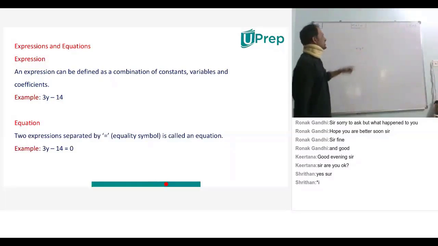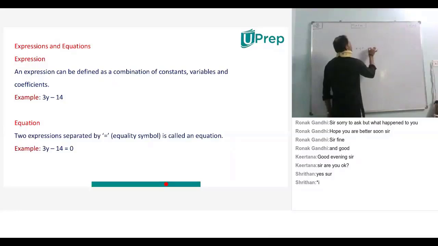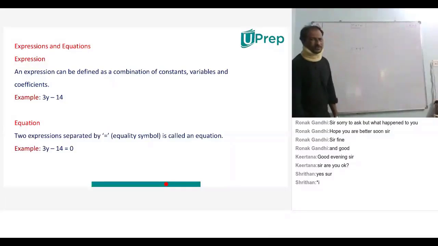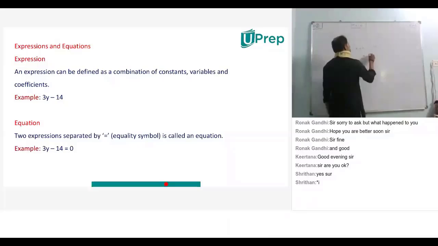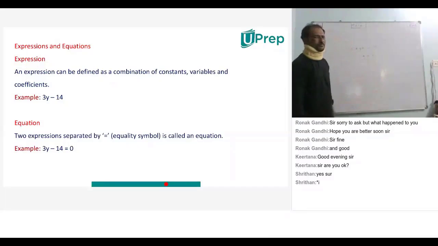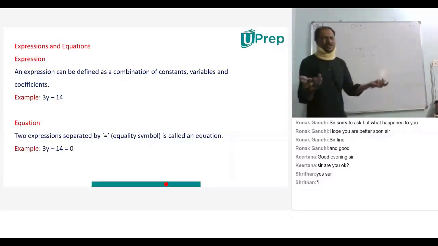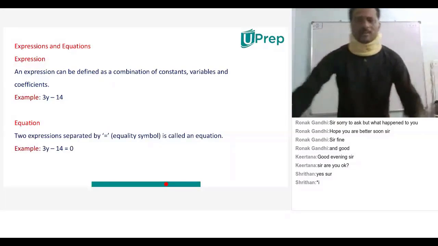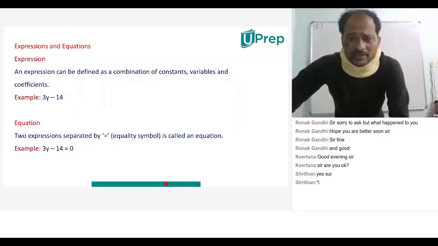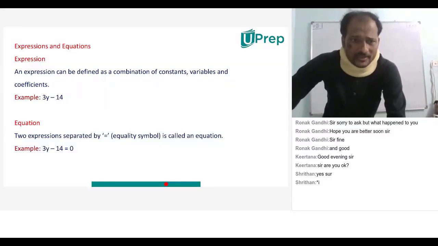Minus 14 is an expression. If I take x plus 2, yes, it is an expression because one variable is present, one constant is present, and one mathematical operator, that is plus. So algebraic expressions are combinations of constants, variables, and coefficients with a mathematical operator.